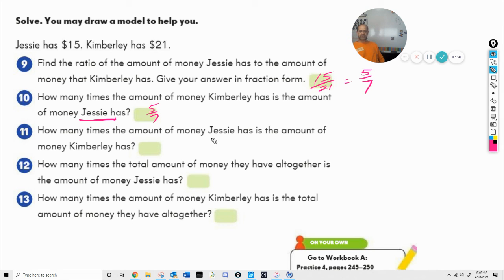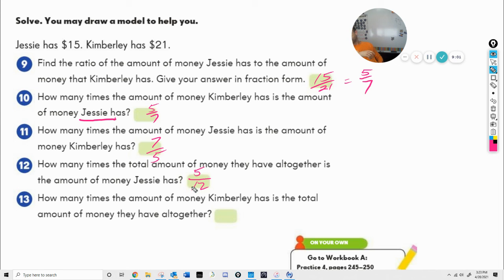How many times the amount Jesse has is the amount of money Kimberly has? Well, Kimberly to Jesse is 7 to 5. Clear as mud, right, folks? How many times the total amount of money they have together is the amount Jesse has? So what part of the total does Jesse have? 5. If there's 5 units and 7 units, there's 12 units altogether.